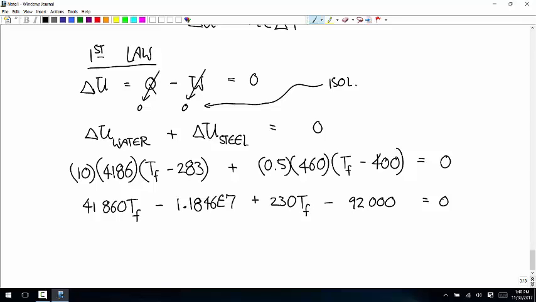And so then you add these two TFs up, you get like 42,90. TF is equal to, and what do you get for these?